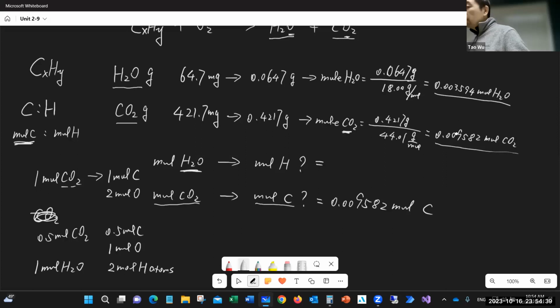Make sense, right? Because this is a 1:2 ratio. 1 mole of water has 2 moles of hydrogen atoms. So that is why if you have moles of water, you need to times 2 to get moles of hydrogen. Make sense?